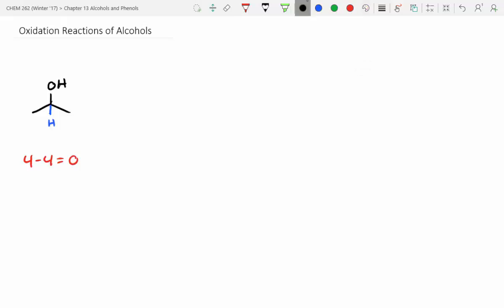All right, so if we oxidize this, I'm just going to write ox in a box. That's a loss of electrons. And when we do this oxidation reaction, we can actually convert this into a ketone. And this makes sense, right?